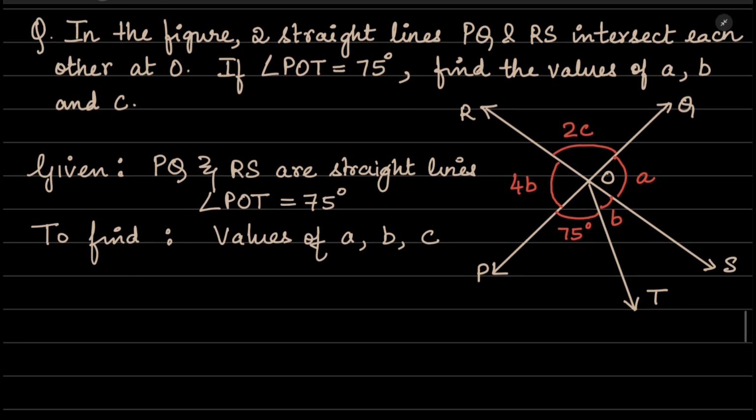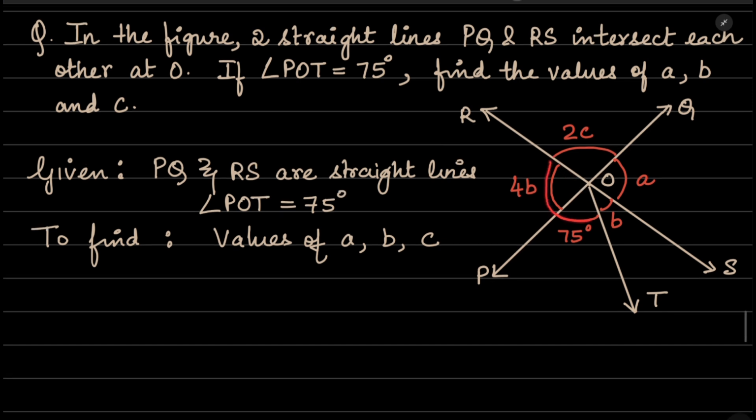Now, since we know that PQ is a straight line, what is the sum of 4B plus 2C? It is 180 degree. Similarly, since we already know PQ is a straight line, A plus B plus 75 is equal to 180 degree. Either way, you are going to get an answer.